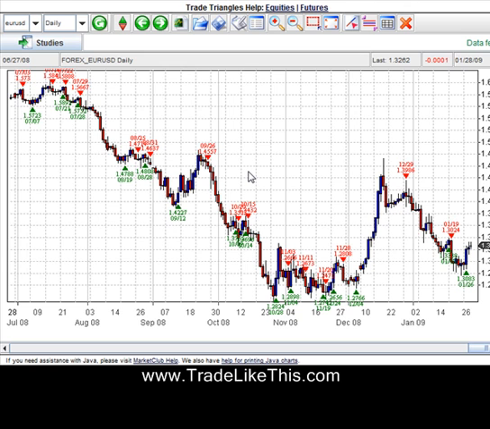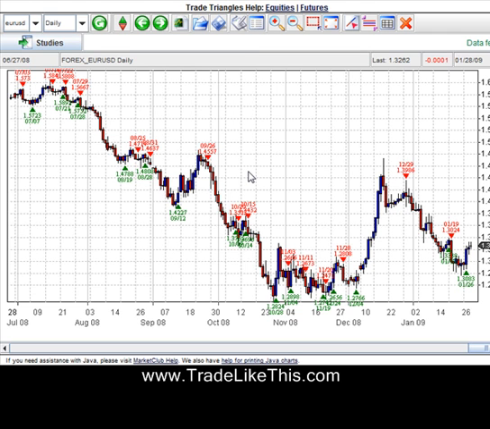It is an easy system. Once you learn it, there's not a whole lot to it. So you don't have to be tied to the screen all the time. But this is a swing trading system. This is not a day trading system. So you're not going to be tied to the computer screen all day long. But you do have to check it every once in a while. It's not a robot where it's going to do all the trading for you.